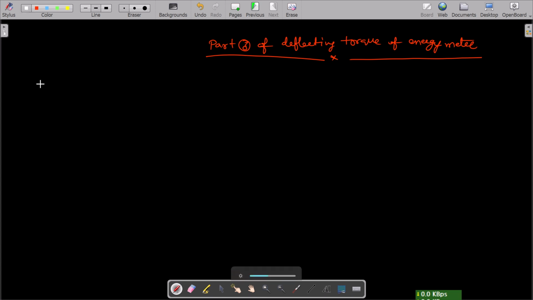Now some theory we are going to see. This is all about how TD1 will be generated.